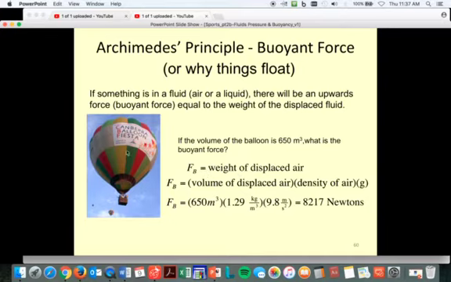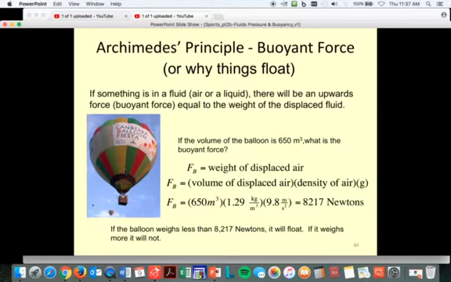In other words, this bunch of helium here, or actually you can use hot air. That's why they call them hot air balloons. And if they're helium and you heat up the helium, then they're even less dense, so they really float. But it pushes all this air out. And so because all this air is being pushed out of the way, it lifts up on the object.